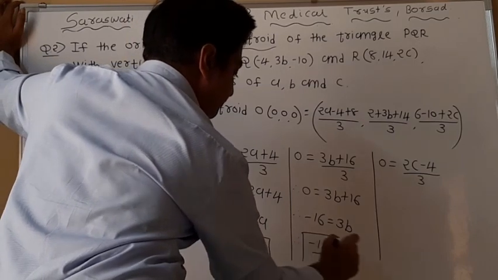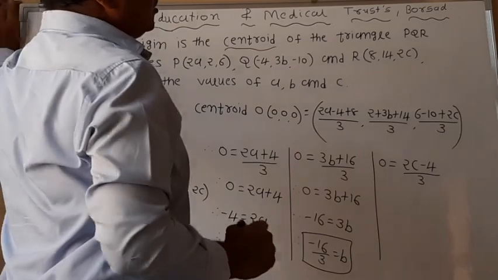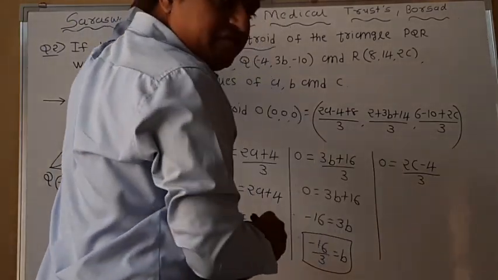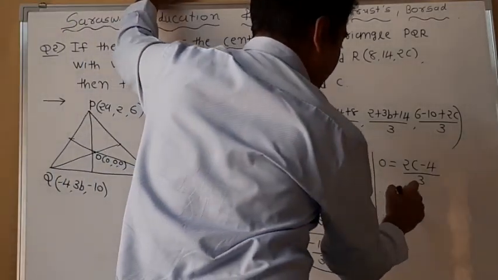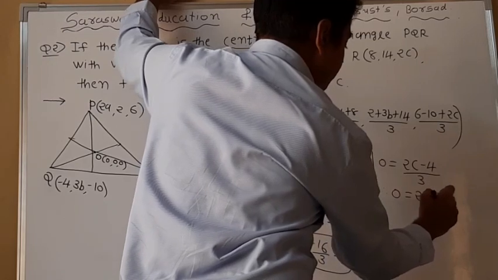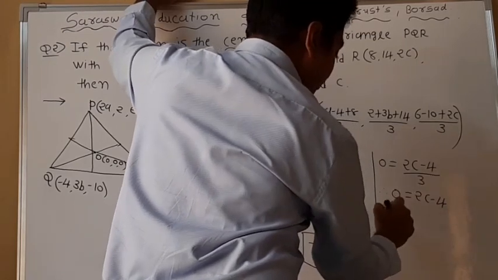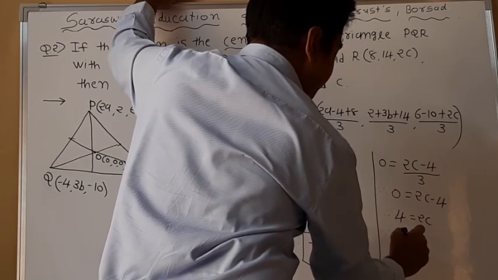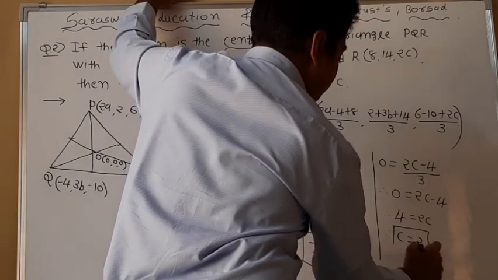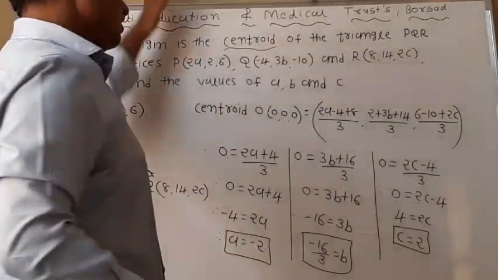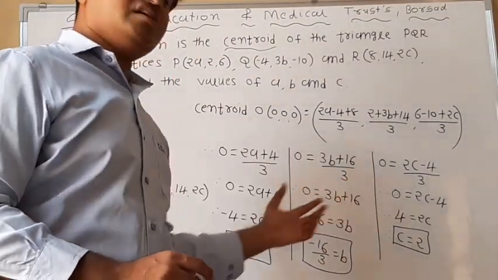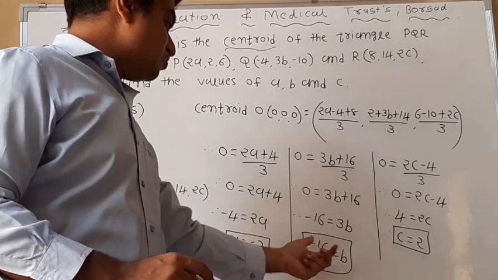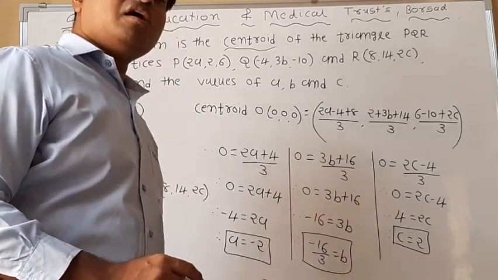In the same way, 3 multiplied by 0, so 0 is equal to 2c - 4. Writing 4 on this side, 4 is equal to 2c, so c is equal to 2. So here we get the values of a, b and c: minus 2, minus 16 by 3 and 2.